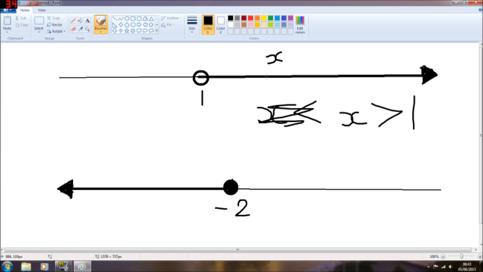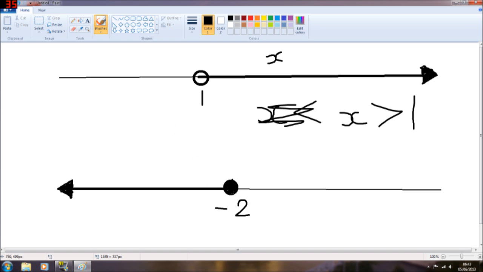And we know this because, first of all, this line is facing that way, so it means that x is bigger. And there's an x right next to it, so clearly that's x. And the thick line is always x, remember that. And this empty circle represents that 1 is not included, or any of these numbers is not included.